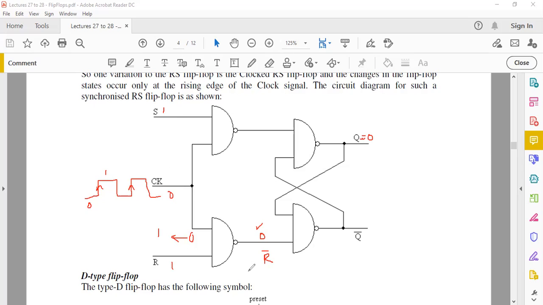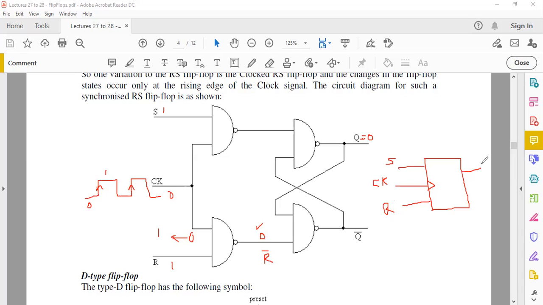So if you want to represent this clocked RS flip-flop as a block diagram, you have a block like this, and then you have 3 inputs now. The clock is normally shown like this. So you have 3 inputs: your S pin, your clock pin, and your R pin.